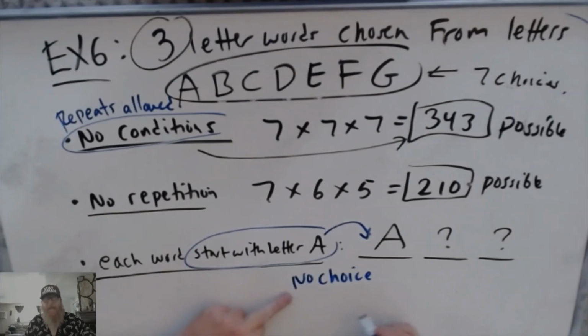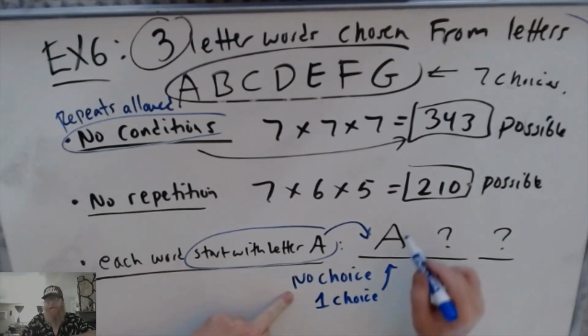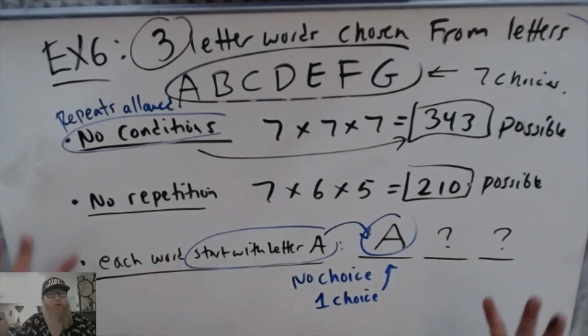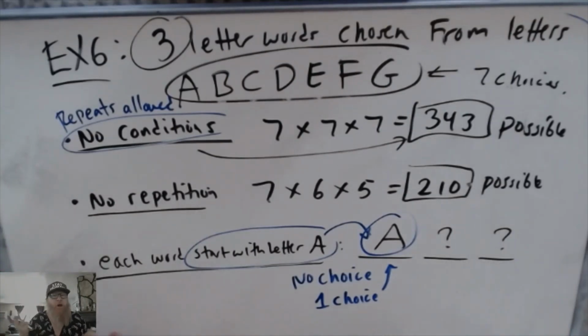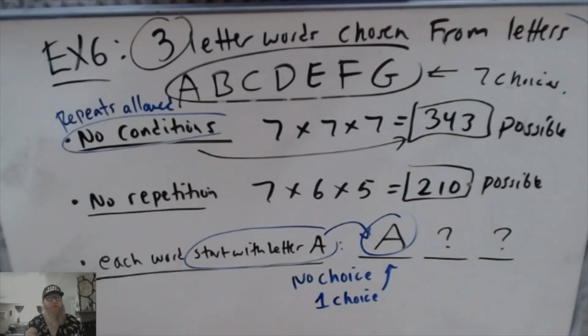No choice actually means one choice. So you already have chosen A. It's funny that in English when we say you have no choice, well, none means one. It means you only have one choice. You have to do that thing.